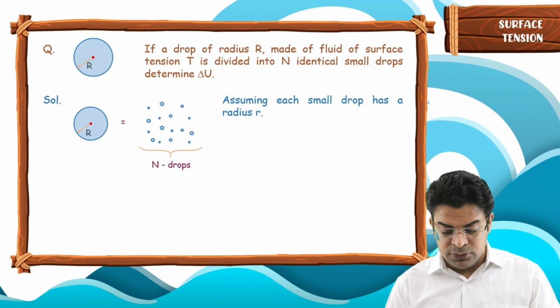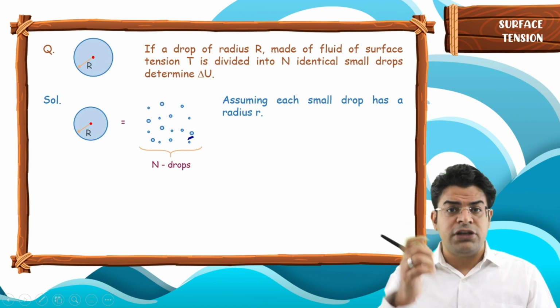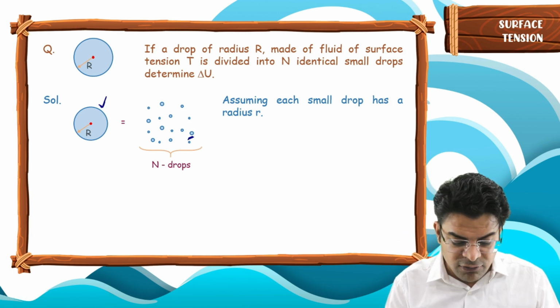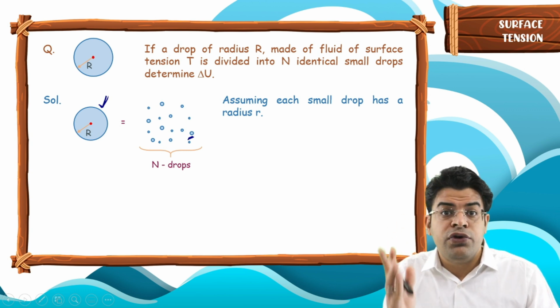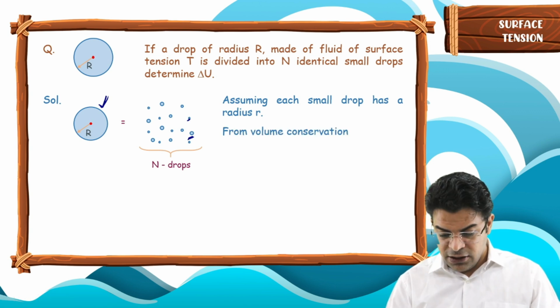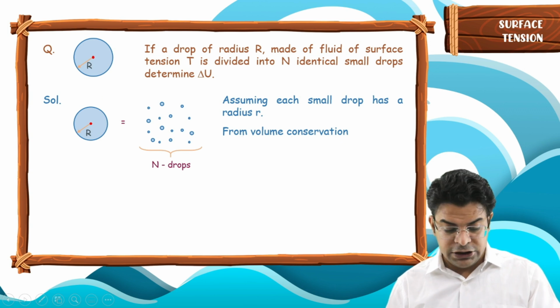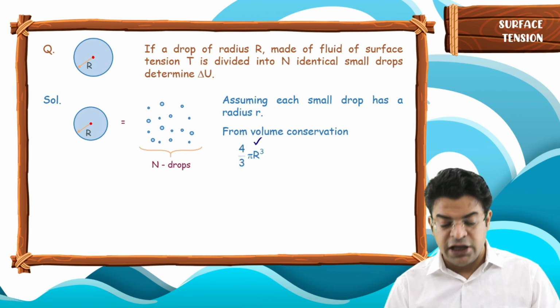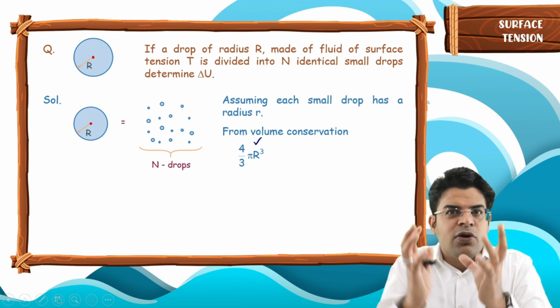So if each small drop created here has a radius r, then from volume conservation, saying that initial volume of the fluid in the drop equals final volume of the fluid in the drop, we can find out the final radius. So we can say from volume conservation, the initial volume, which is equal to 4 by 3 pi R cube, has to be equal to the final volume of all these drops combined.